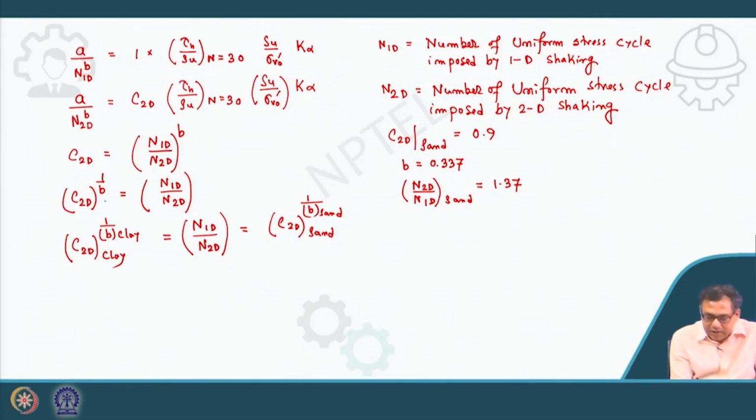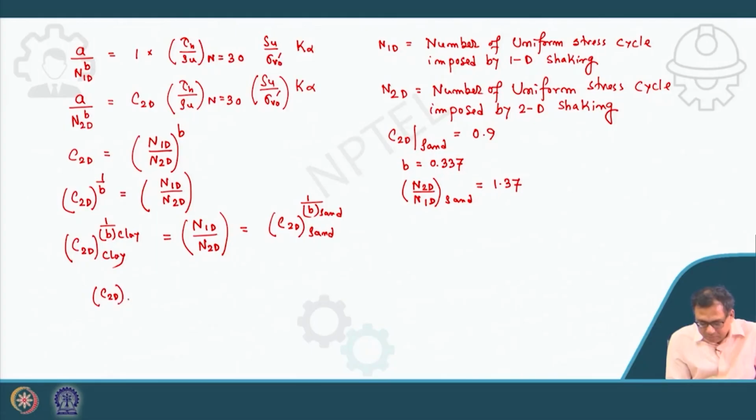But as we are using these expressions, this ratio of N1D divided by N2D will remain same whether it is clay or sand. So now I can equate the sand and clay.